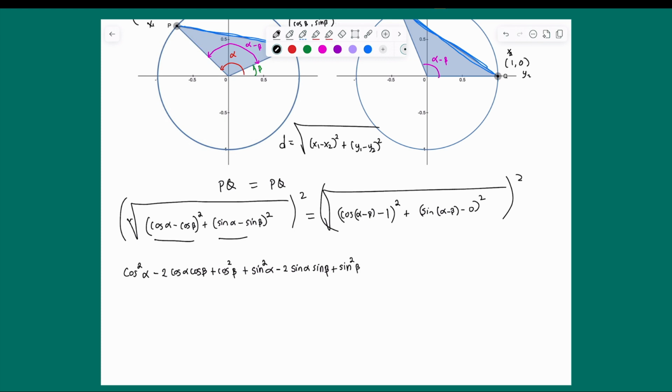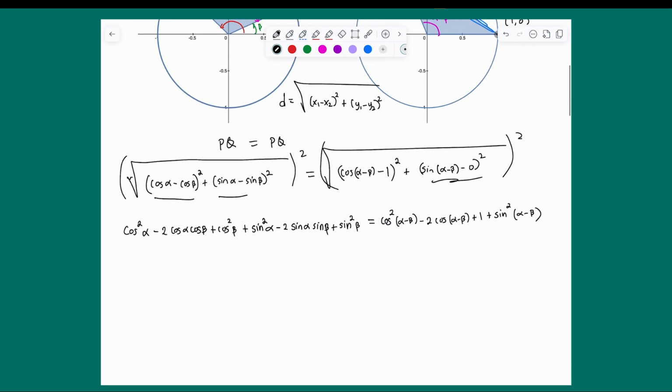And on the right hand side, just expand that out, so we would get cosine squared of alpha minus beta, and then minus 2 cosine alpha minus beta, because you have the cosine alpha minus beta times 1, and you're getting that term twice. And then, of course, negative 1 times negative 1 gives us that plus 1. And then this term here is simply just going to be plus sine squared alpha minus beta.